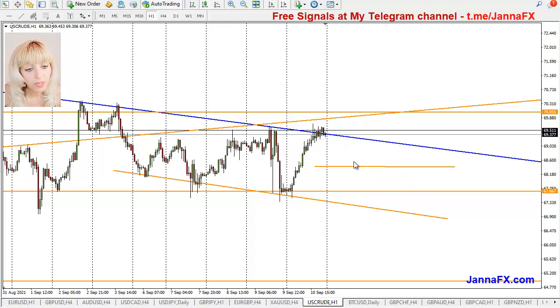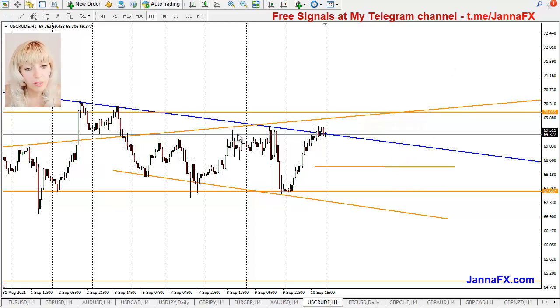So for example, technically looking, if we're doing something like this, then we can still try to continue the way up, right? If it will not break and sits a bit, then it could possibly try to do so. Of course, here the same, it might go a little bit up, not breaking it at this moment, go back, stay above this level, maybe even go down here, who knows, and still try to storm the 70, right?